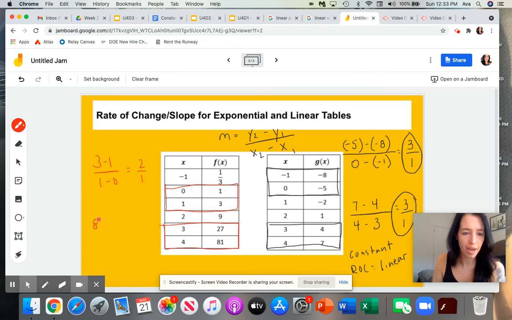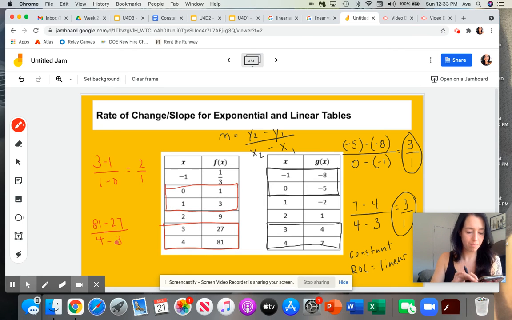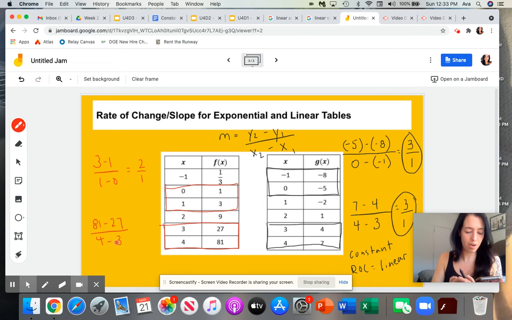Let's compare it to the slope at the bottom of the table. So I have 81 minus 27 all over 4 minus 3. 81 minus 27 is going to give me 54 over 1. Dang. All right, so look at this.